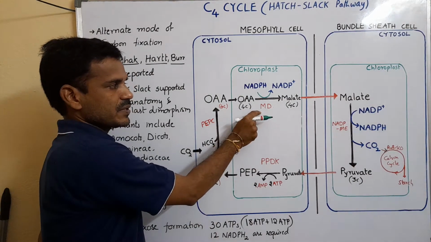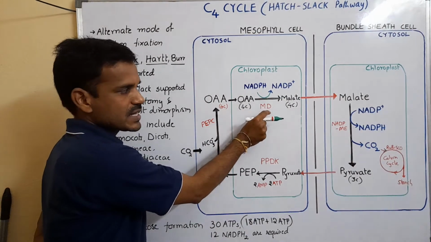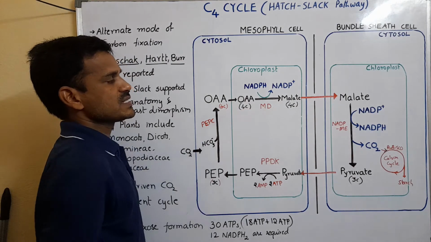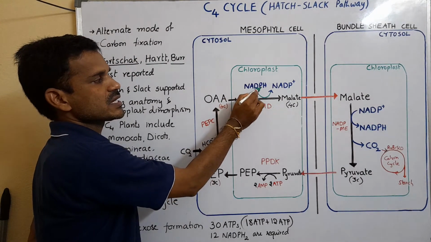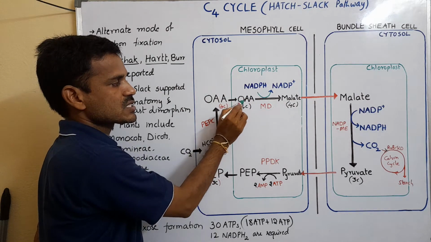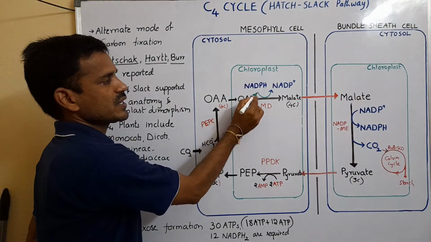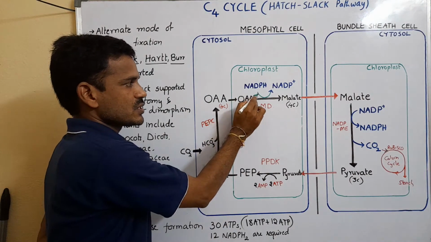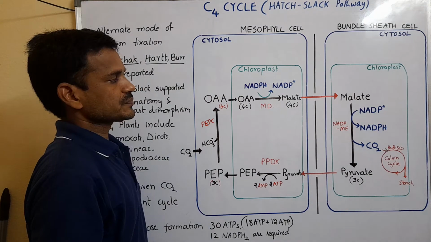In this step, the malic dehydrogenase enzyme is involved. In the presence of malic dehydrogenase, NADPH is consumed, donating hydrogens to oxaloacetic acid, and it is converted into NADP plus. So here NADPH is consumed.